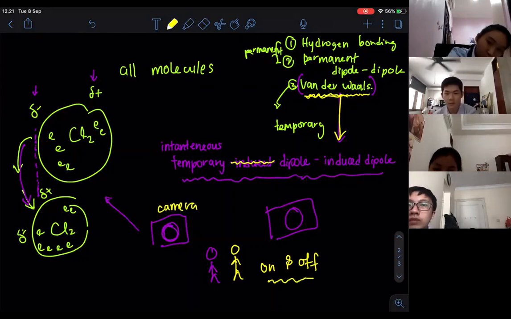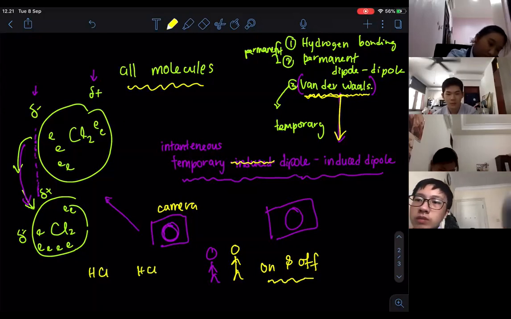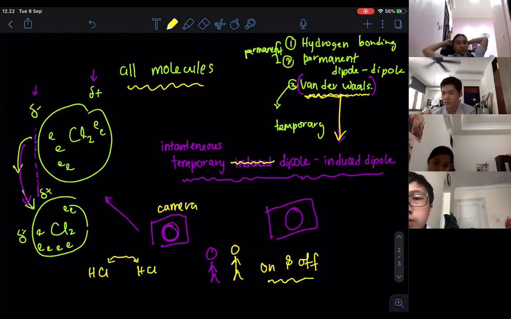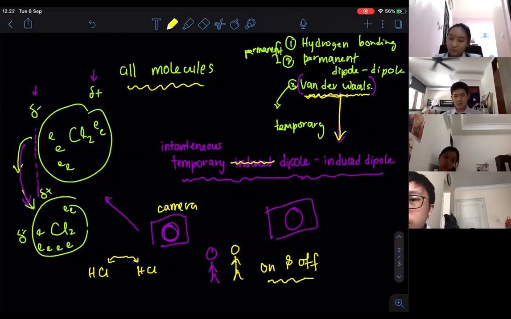It applies to all molecules. That means even HCl and HCl have van der Waals forces and they also have dipole-dipole. The strongest is going to be the prominent one. So when we talk about boiling point, we are trying to break the strongest bond, which is the permanent dipole-dipole.